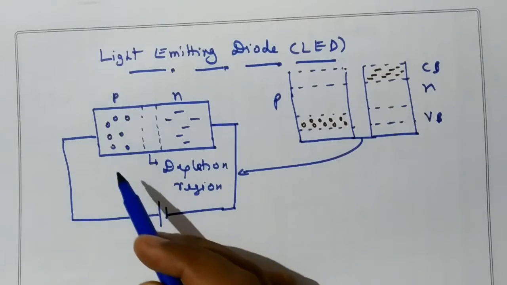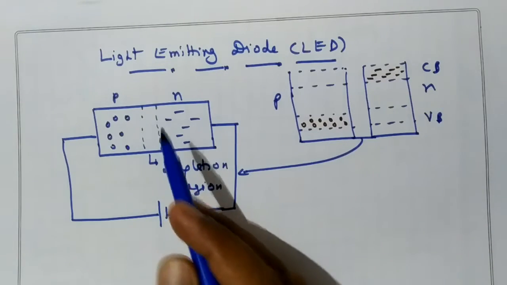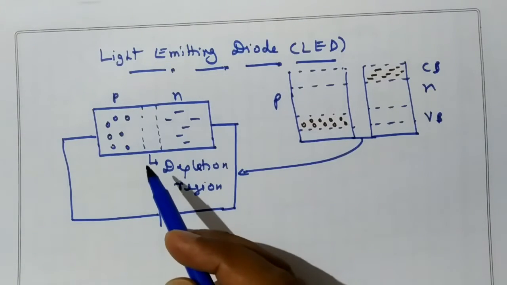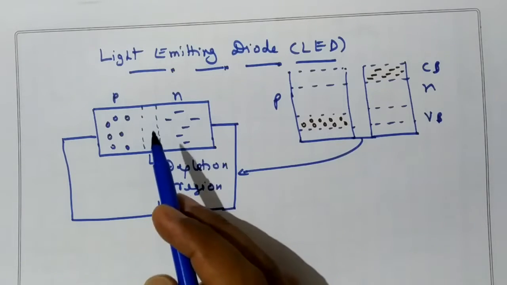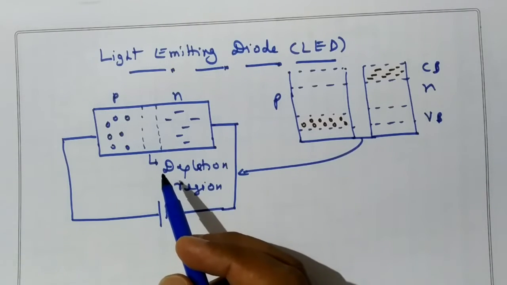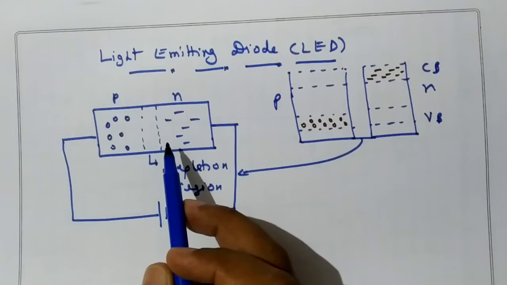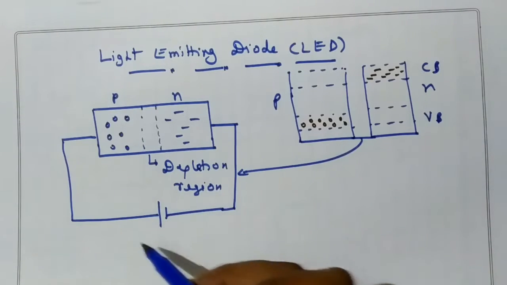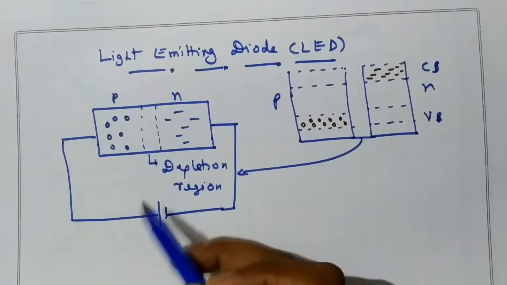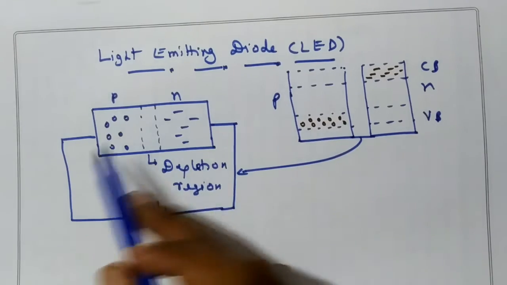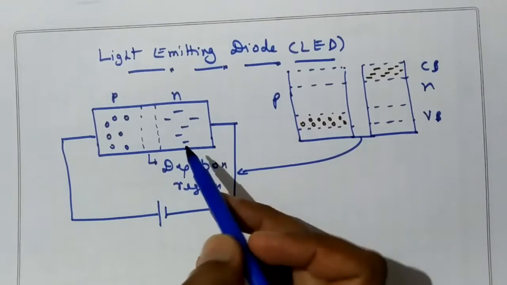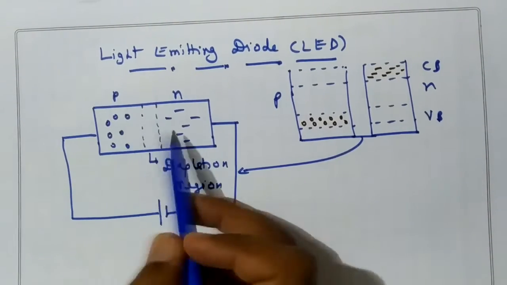The working of this diode is not explained like the working of an ordinary PN junction diode, because in the ordinary PN junction diode, the forward bias of the PN junction decides the conduction. So we need to discuss the conduction of electrons.